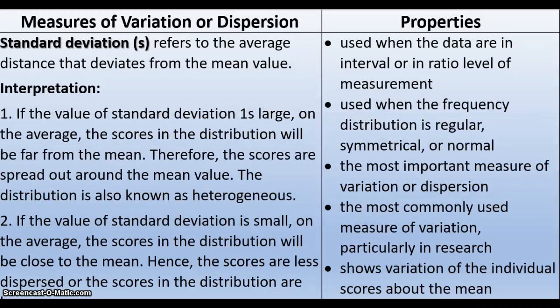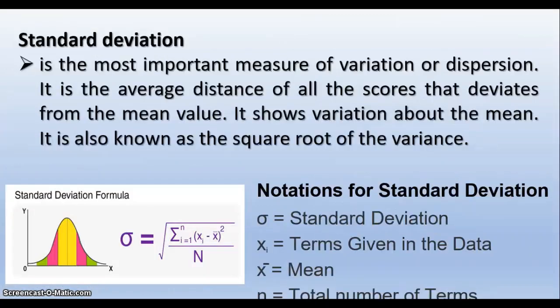So what are the properties of standard deviation? The first one: it is used when the data are in interval or in ratio level of measurement, the third and the fourth levels of measurement. It is used when the frequency distribution is regular, symmetrical, or normal, as you have seen on the graph a while back.